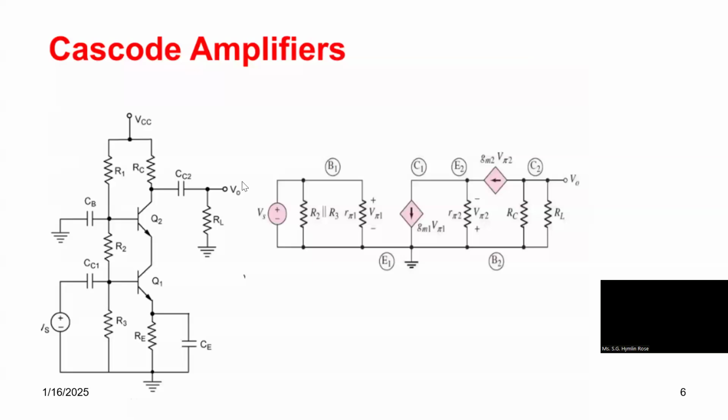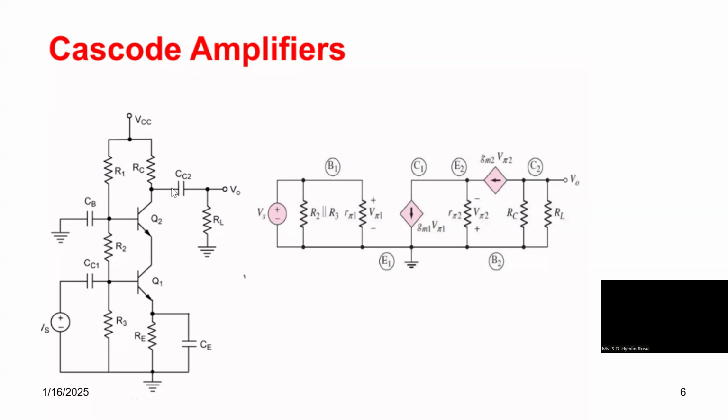Next is the equivalent for transistor 1. Transistor Q1 is replaced by R pi 1, GM1, V pi 1. The terminals B1, E1 and C1 are marked. And next comes transistor Q2, again with R pi 2, V pi 2 based on the direction we have drawn.